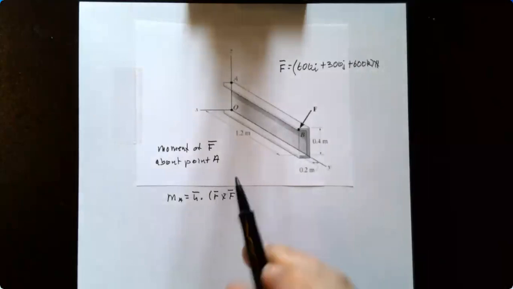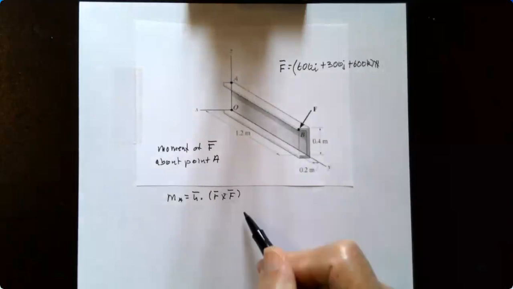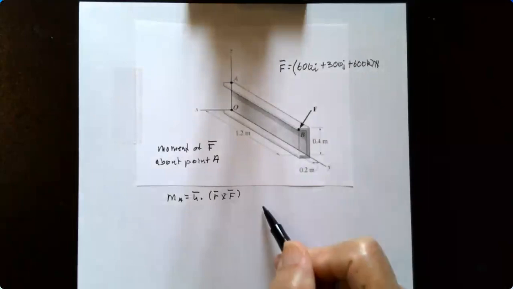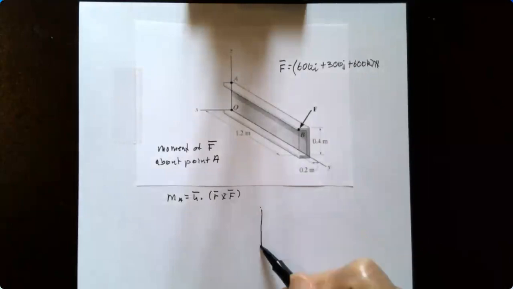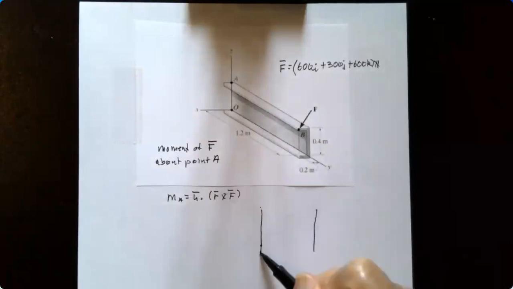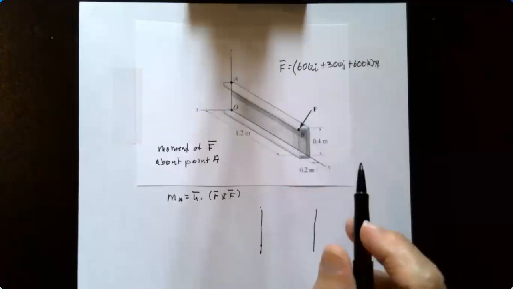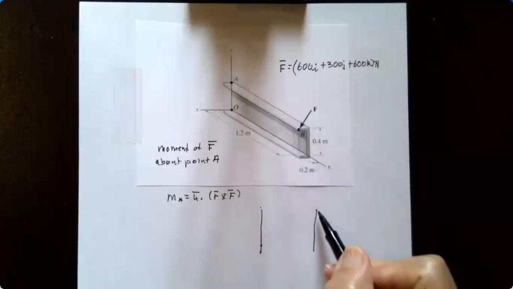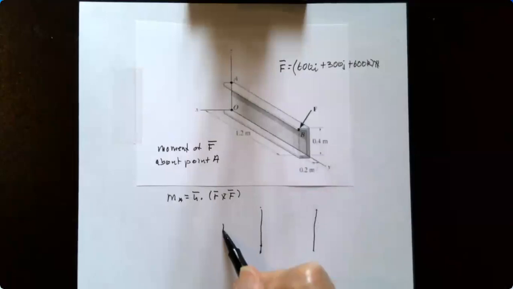That ends up being a matrix again. We're in an ijk axis system. So I'm going to call this M_A, and this will be a scalar quantity. Okay, this is a scalar quantity.